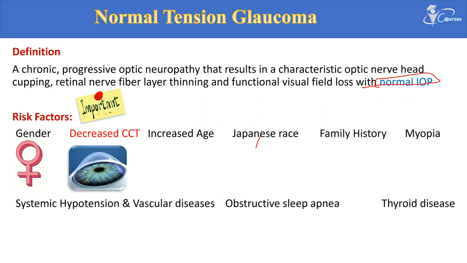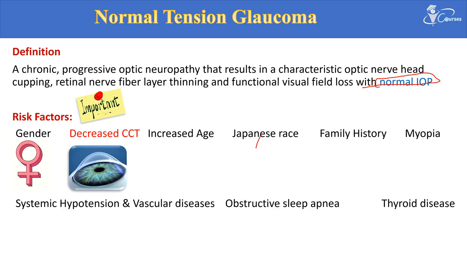It is not well understood whether the central corneal thinning causes the normal tension glaucoma, or whether those patients are underdiagnosed, as we just mentioned, so they develop glaucoma unnoticed.